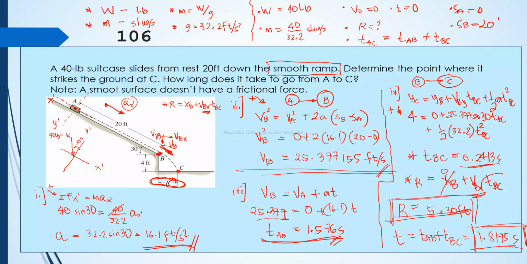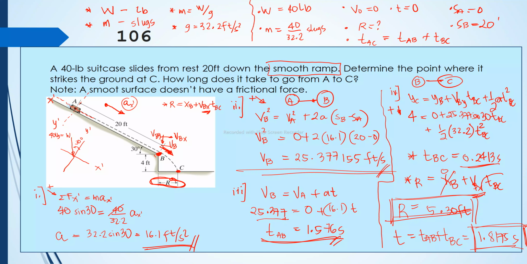After that, we proceed from point B to C. Again, from point B to C, the suitcase is already acting as a projectile, and we can apply the projectile equations. So we have the displacement along y, and then we got our time.